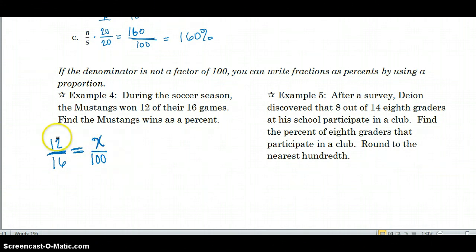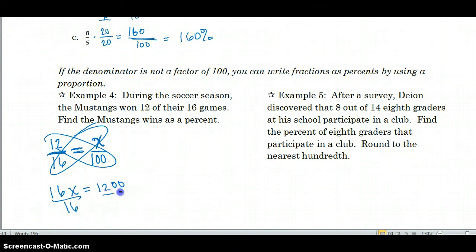So now we're ready to cross multiply, and we get 16x equals 1200. Divide both sides by 16, and x equals 75. So that means 75% is how many games they won.